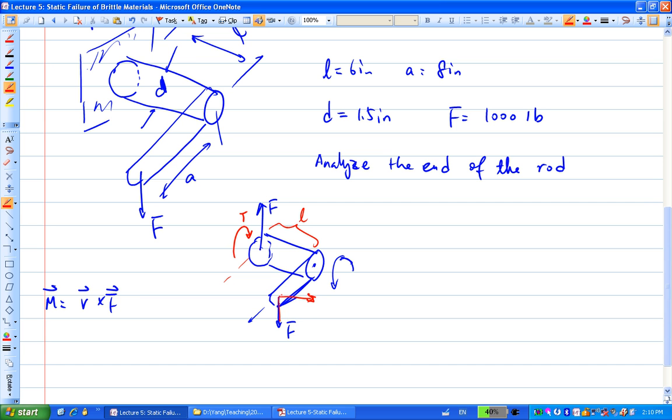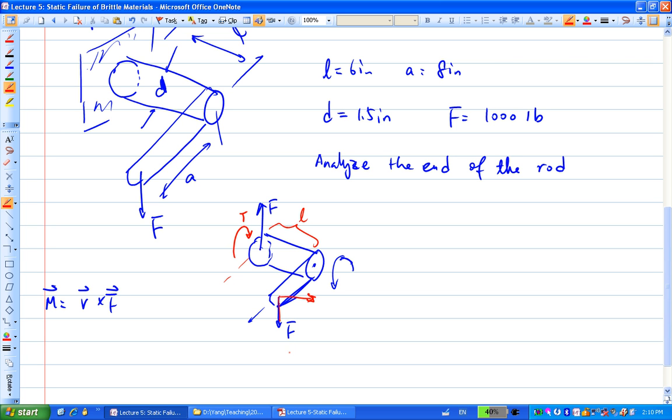As you can see, another right-hand rule from r cross F. So F generates another moment about this point here. R cross F, now this time, if I draw it, what direction is that?